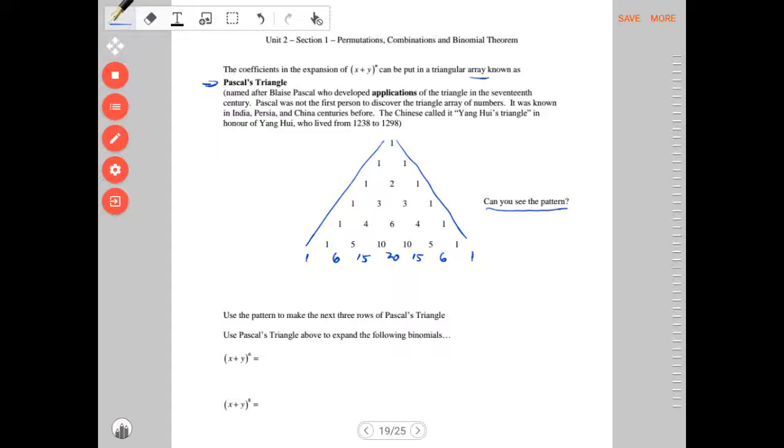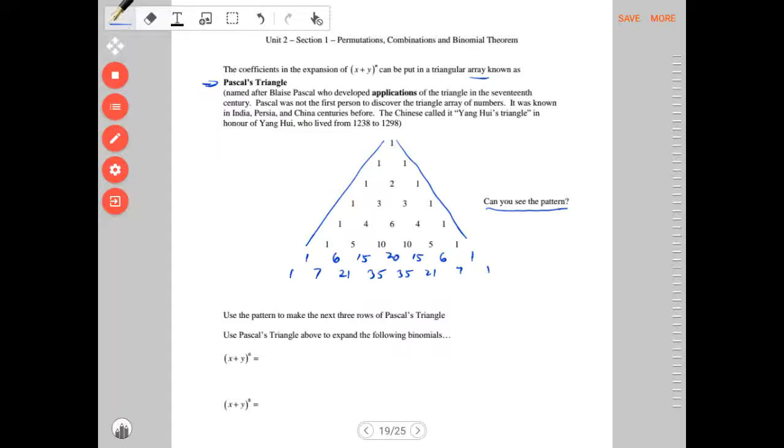So we want to use this pattern to make the next 3 rows of Pascal's triangle. So that's the first one. The next one, ones are always on the edges. So 1 plus 6 is 7, 6 plus 15 is 21, 15 plus 20 is 35, 20 plus 15 is 35, 15 plus 6 is 21, 7 and 1.